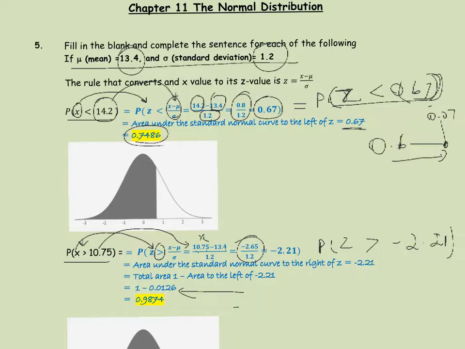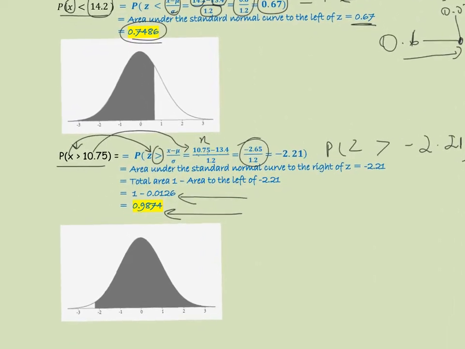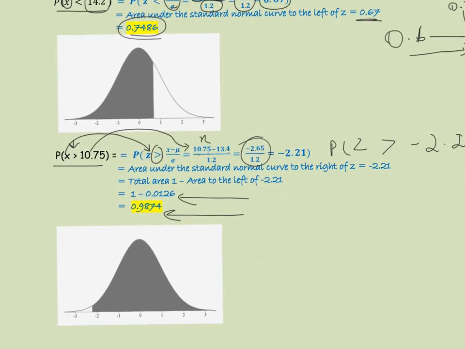We subtract that from 1 to get 0.9874, and that would be the area to the right of negative 2.21. Whenever we try to find areas, it's best to draw the standard normal distribution and shade the area. So when we get the area finally, we can look at the shaded area and visually confirm that the answer is correct and not completely off.